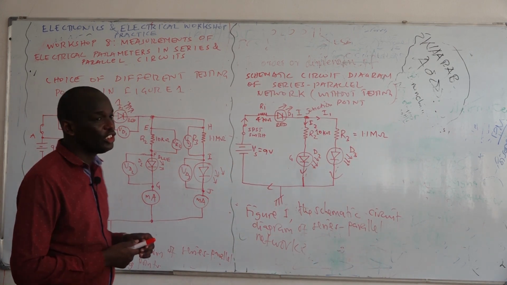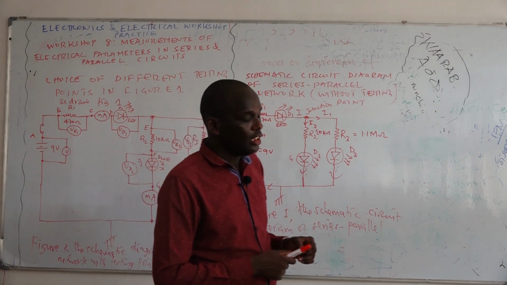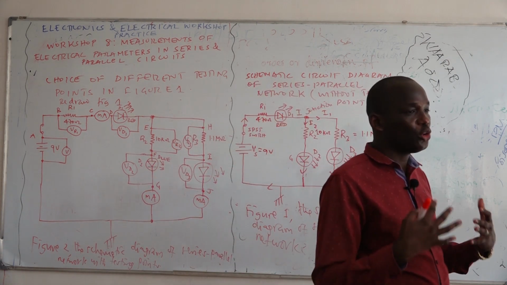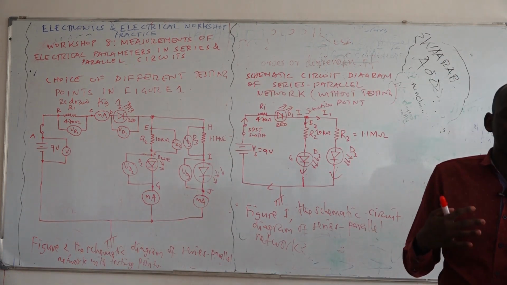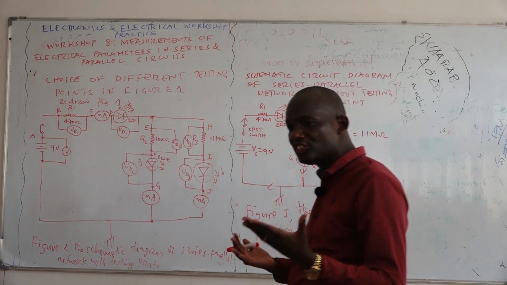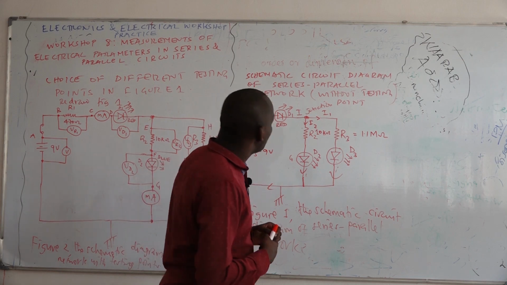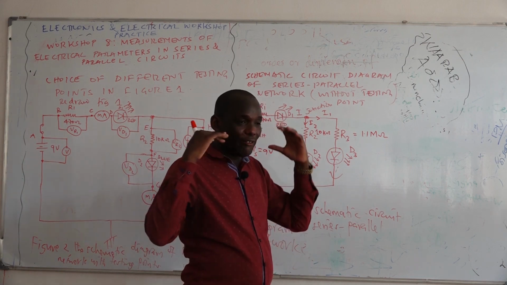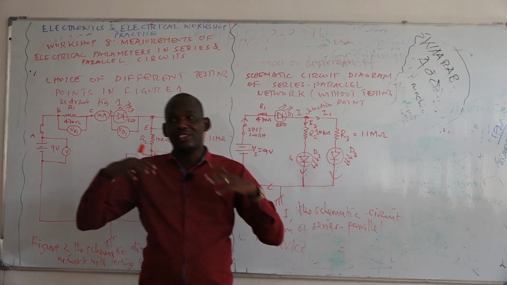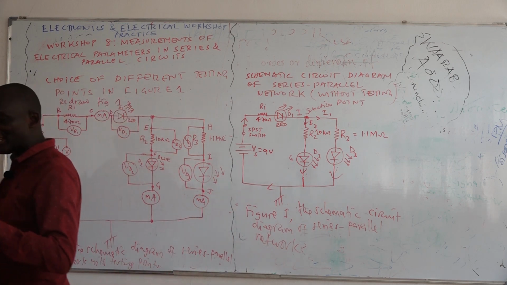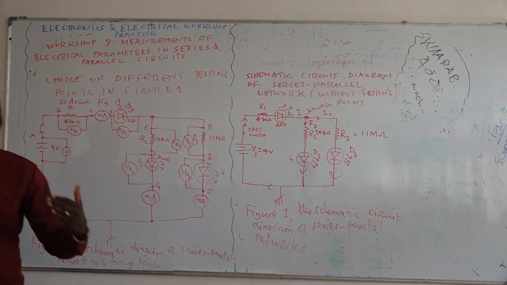In the introduction of this workshop 8, I said that there are some reasons which make us connect electrical or electronics components either in series or parallel or series parallel, right? So that's what I told you about the calculated value of resistance and the standard value. It's just one of the reasons.